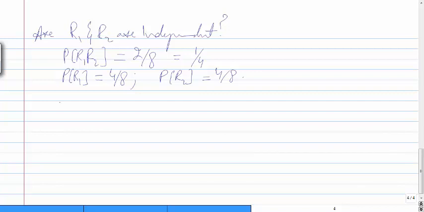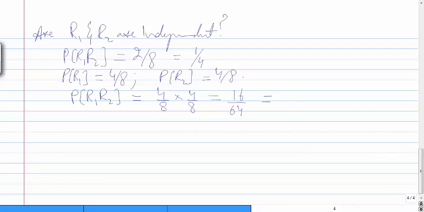So apply the formula. The probability of R1 R2 must be equal to 4 by 8 times 4 by 8, which is 16 by 64.